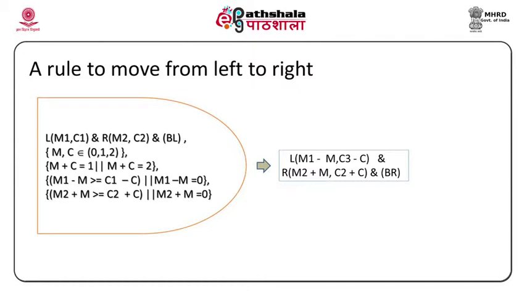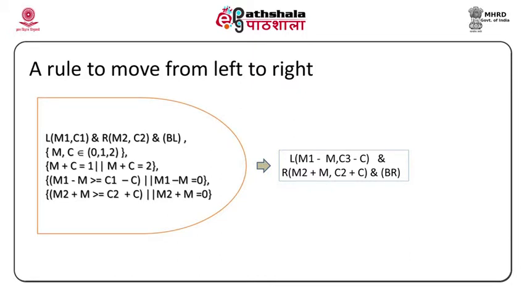On the left hand side we had M1, M are subtracted, they are added on the right hand side. Similarly, the number of cannibals C subtracted from the left hand side are added on the right hand side. So, that means M missionaries and C cannibals moving from left hand side to right hand side. This is precisely what we want, and the boat moves to the right side. So, this is exactly what I have on the right side.